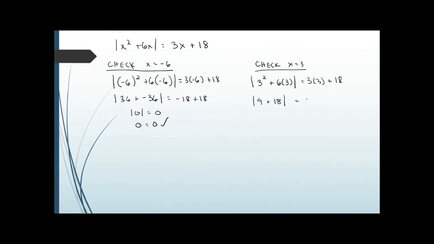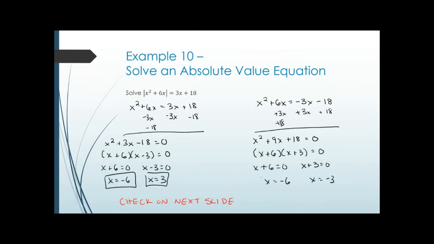And then 3 times 3 is 9 plus 18. So 9 plus 18 gives you 27. So the absolute value of 27 equals 27, and 27 equals 27, since the absolute value of a positive is still positive. So that worked out. So x equals 3 is a solution.